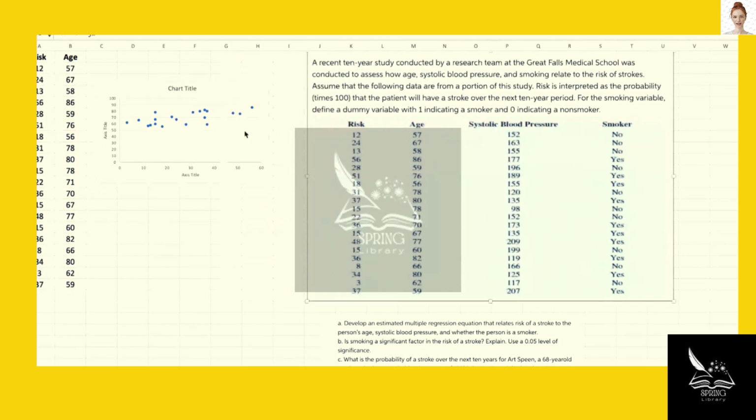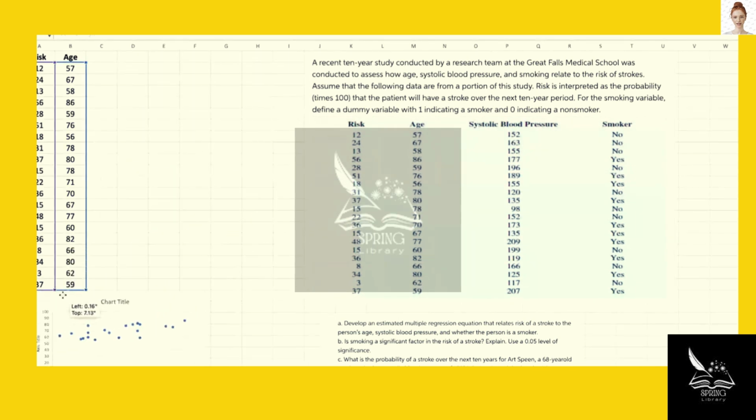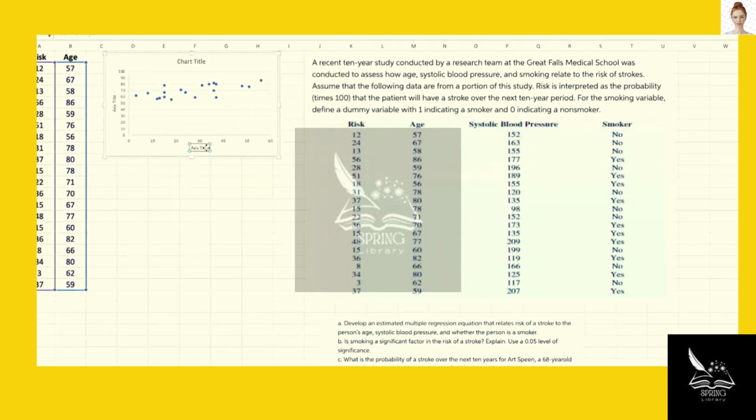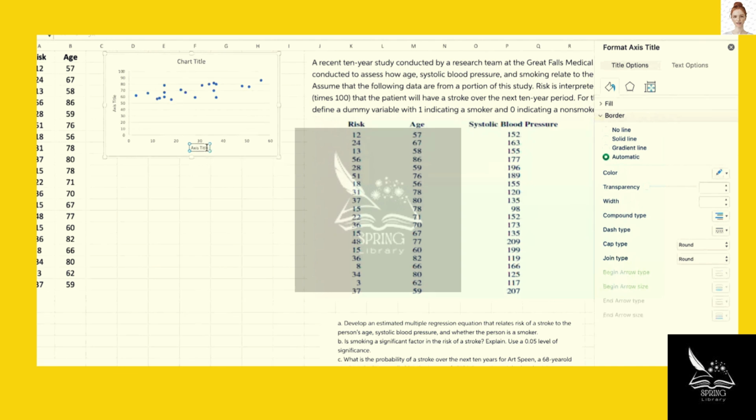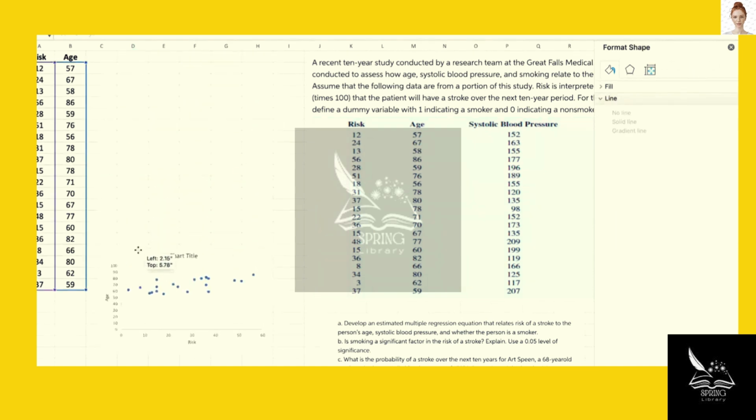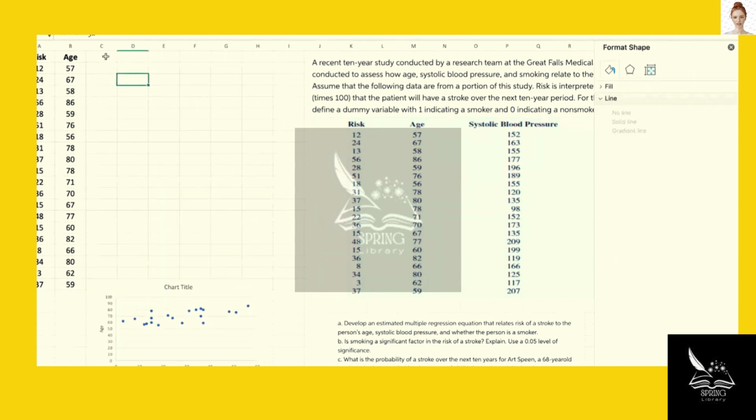And I'm just going to move this over. And so we have risk. As the risk increases, so does the age. Or age increases with risk, or the risk increases with age. I'm going to just copy this one.